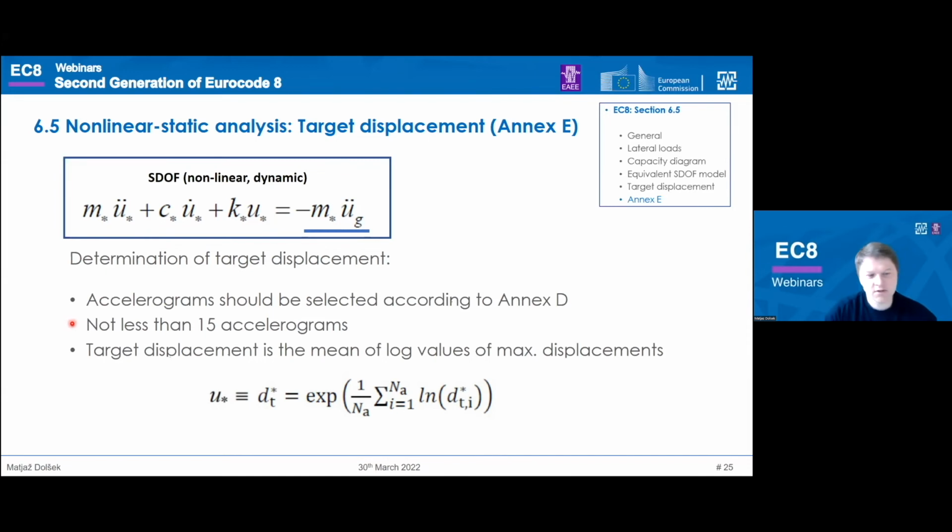It is also prescribed that not less than 15 ground motions should be used. Not 7, but not less than 15. And the target displacement is then the mean of the log values of maximum displacement obtained for each ground motion.